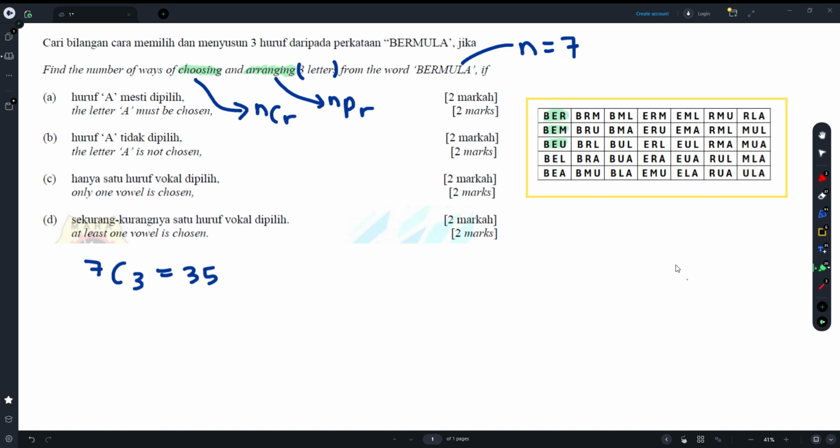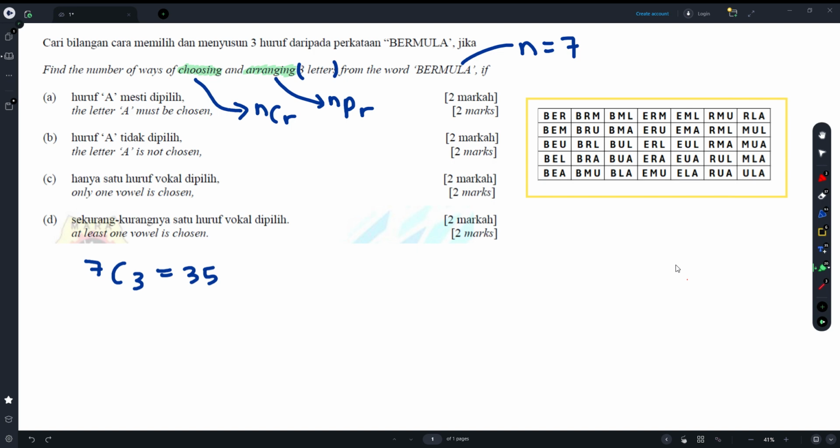Please take note, I have 5 here, and then I have 7 rows. So in total here I have 35 combinations. During exam time you don't need to list this down because it is not necessary and it's also time consuming, but I have put it on the screen to make your understanding better.